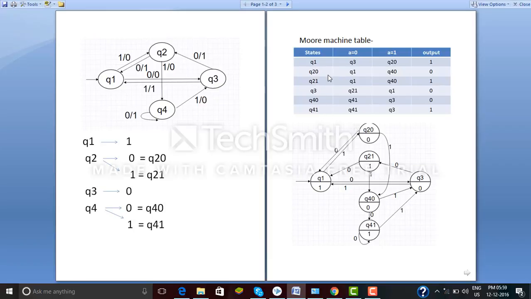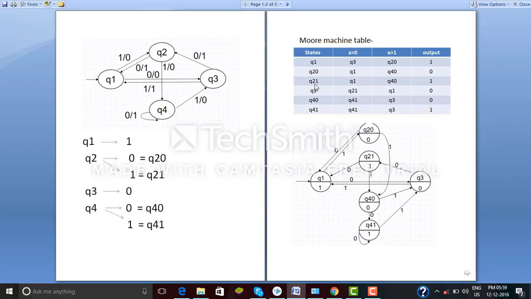Then from Q2 0, it goes towards Q1 with input 0. So we draw this line going towards Q1 with input 0. Then if we give input 1, it goes towards Q4 0.